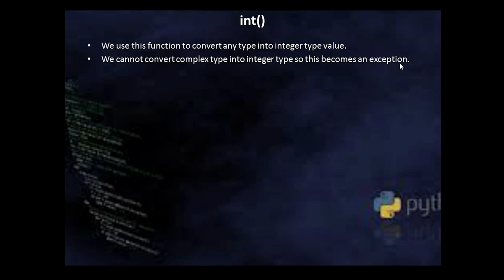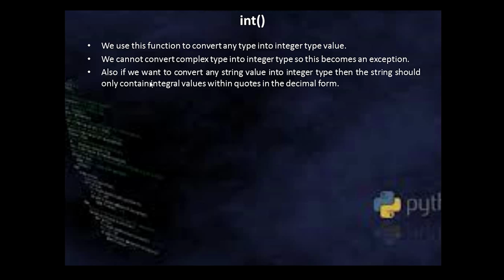We'll discuss how to handle those exceptions in the exception handling chapter. Also, if you convert a string value to integer, the string should contain an integer. Otherwise, it will raise an exception, that is a value error.